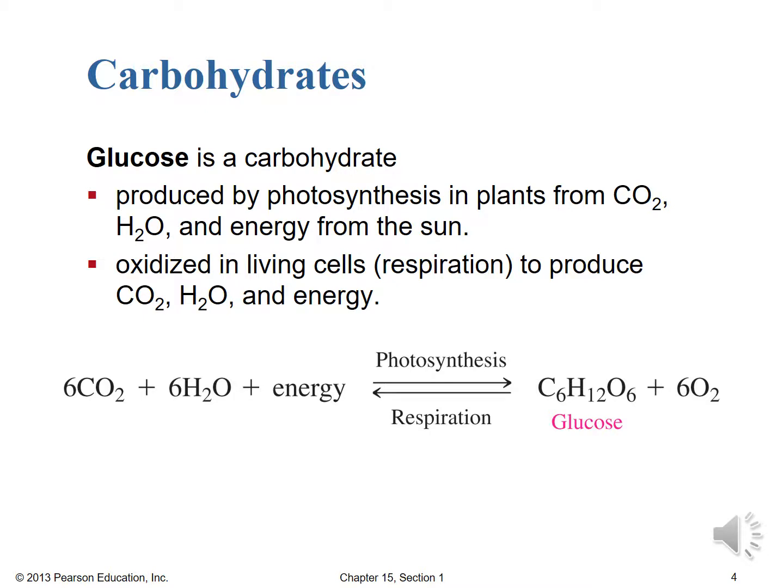Okay, so glucose is our key carbohydrate. It's produced by photosynthesis in plants from carbon dioxide in the air, water from the roots, and then energy from the sun. And then it's oxidized in living systems through cellular respiration, ultimately to produce CO2, H2O, and energy, just what went into forming it in the first place. So we see that down below as a reversible reaction.